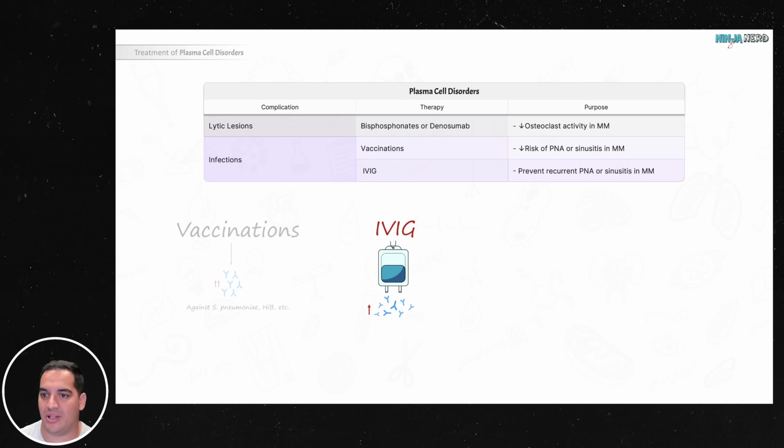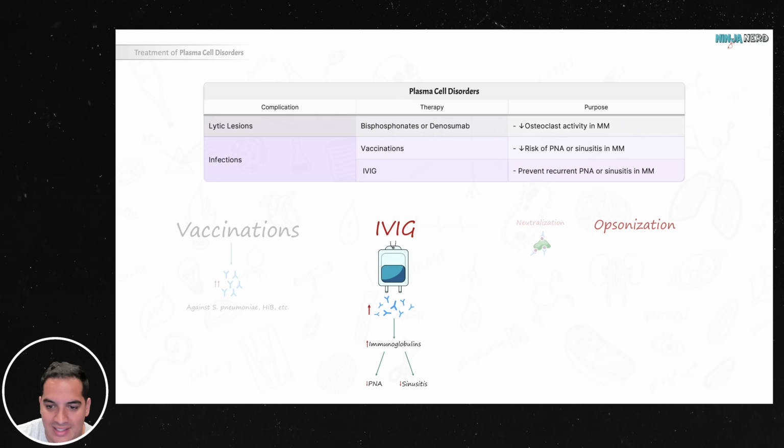With vaccinations, you're helping them to develop their own antibodies against that type of infectious pathogen. With IVIG, you're giving them immunoglobulins. You're giving them the amount to help them to opsonize, to neutralize the pathogen, to trigger the cytotoxic killing, to trigger the process by which we actually get rid of these pathogens. And so that can help to reduce the risk of pneumonia and sinusitis, right?